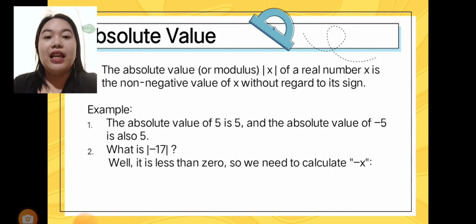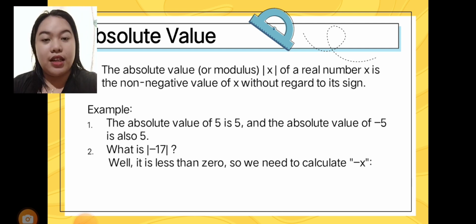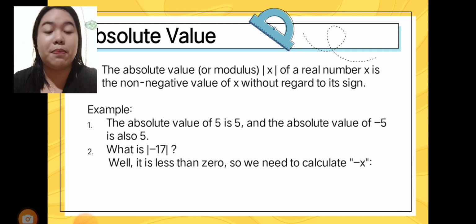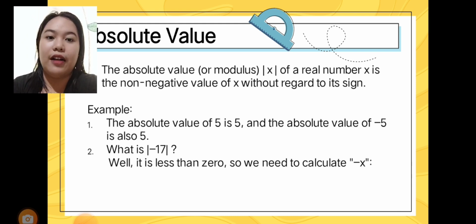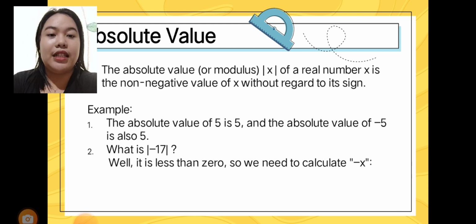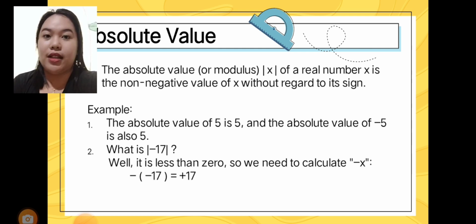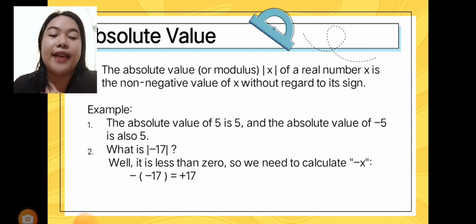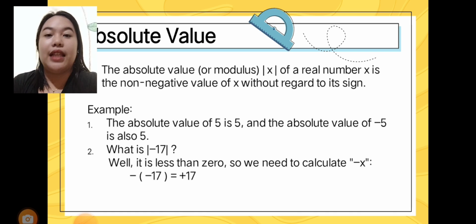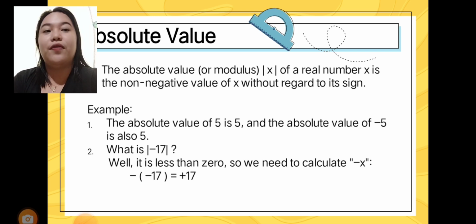Since it is less than 0, we need to calculate negative x. Negative times negative is equal to positive. That is why the absolute value of -17 is +17.